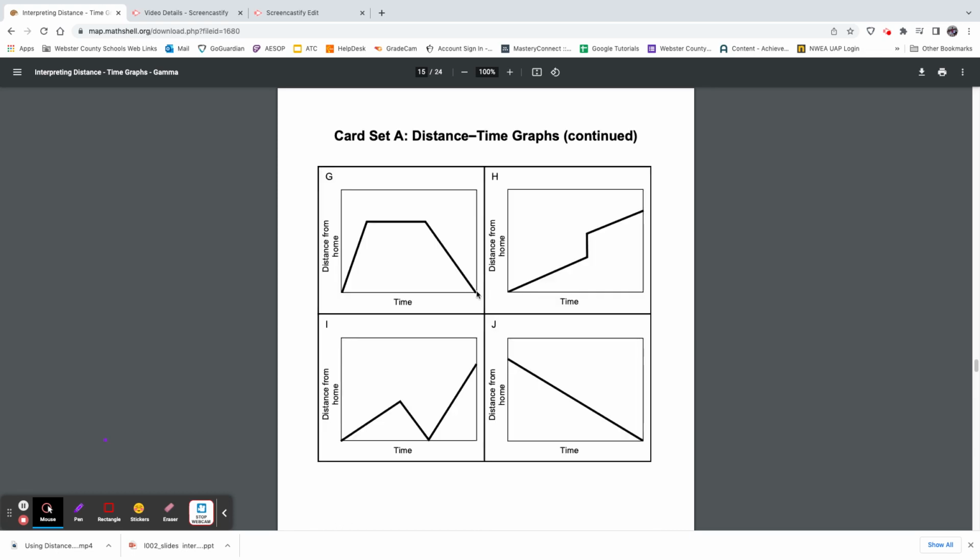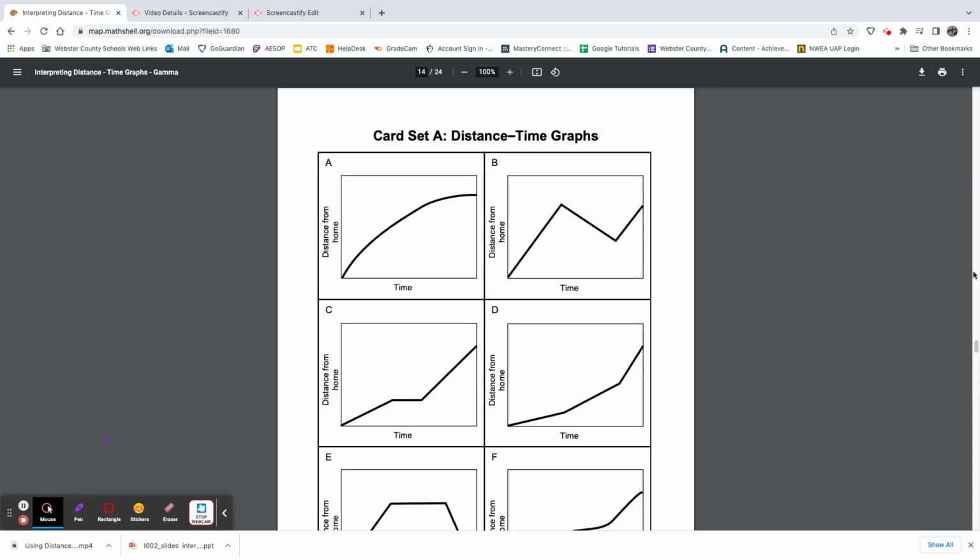And then you have graphs that you also have to decide what type of graphs would go with it. Now you can see they don't have numbers there, so you're estimating according to the tables what would make sense. And just think, what would be happening to the distance here? Naturally the distance would be going up, then the distance would be going down, and then the distance going up, and that will help you figure out what tables to match with that.